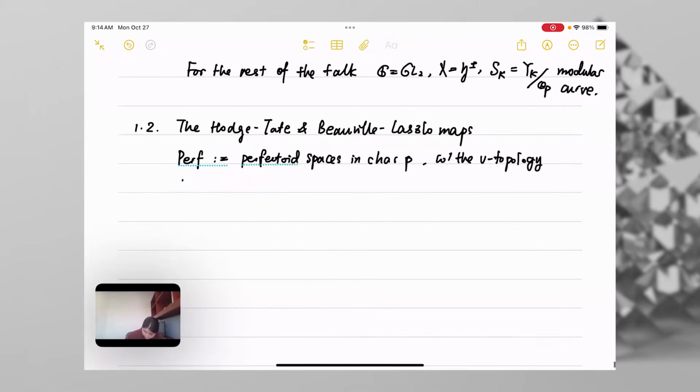Then this infinite level modular curve can be viewed as a sheaf on perfectoid spaces by sending S to the set of pairs consisting of an untilt of S over Q_p and a map from this untilt to the analytification of the scheme.